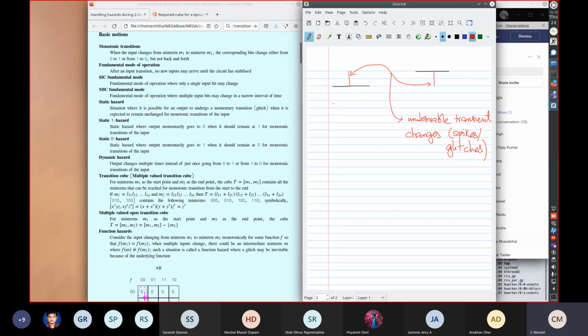In this one, this level is 0 and this level is 1.